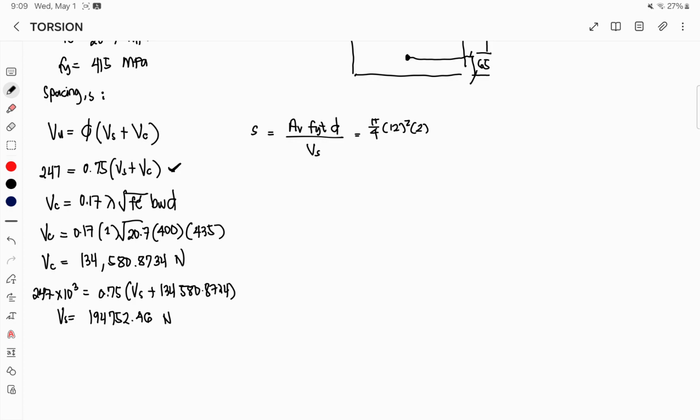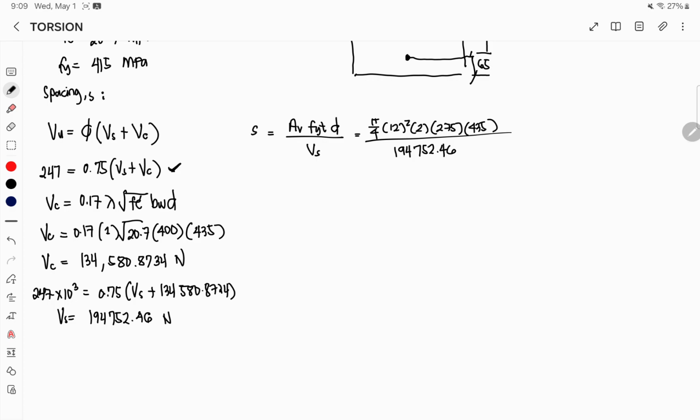Then fyt is 275 times the effective depth 435, and Vs is the computed value of 194,752.46.